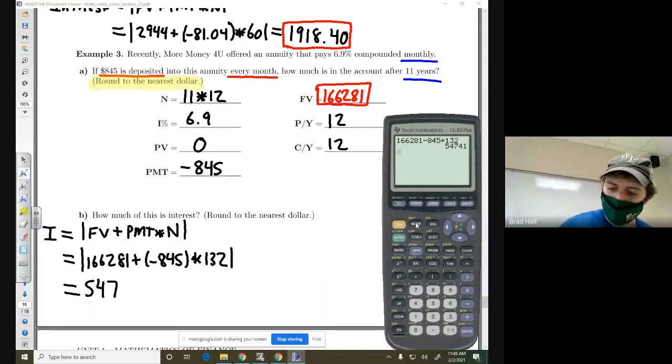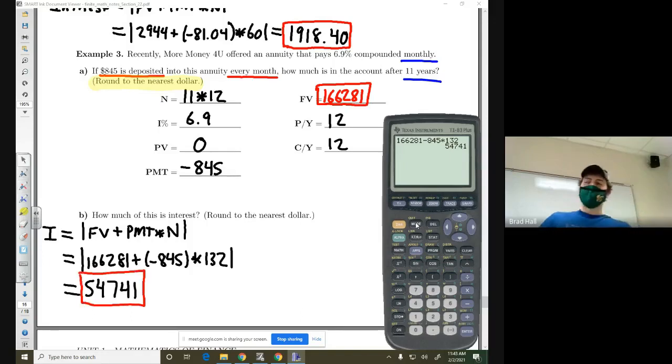So the final answer for the interest, rounded to the nearest dollar, is $54,741.